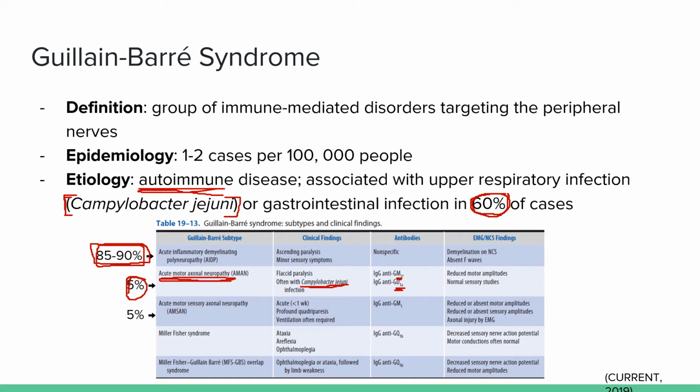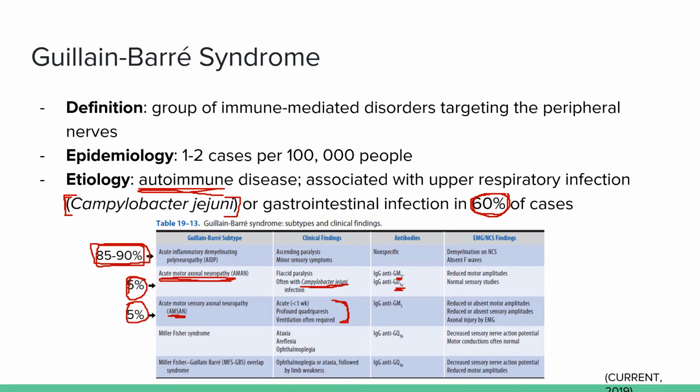Acute motor sensory axonal neuropathy, or AMSAN, is seen in 5% of cases, and this is an acute disease with profound quadriparalysis, and ventilation is often required. It is the more severe subtype.